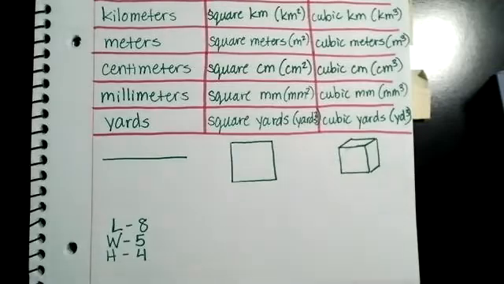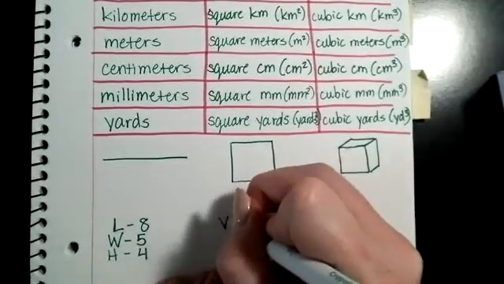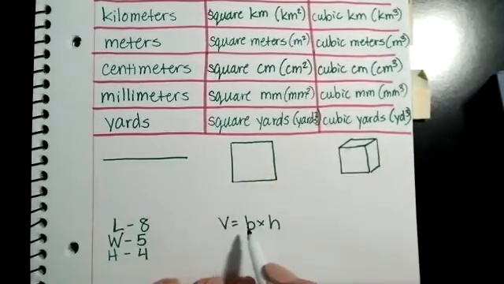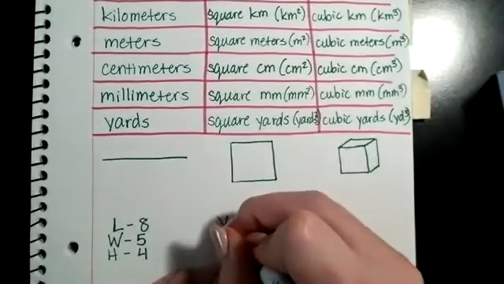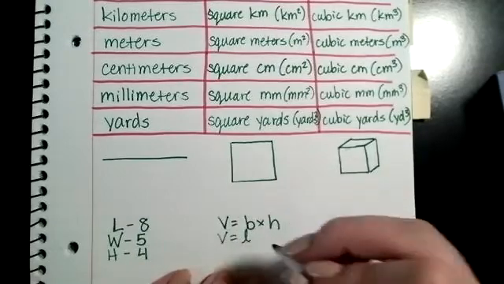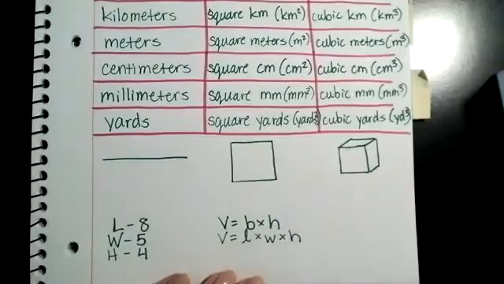All right, so let's take those measurements and plug them into the formula that we've been talking about. Remember, there are 2 different formulas. They both equal the same thing. One is volume equals base times height, or if you want to break it apart a little bit more, volume equals length times width times height.